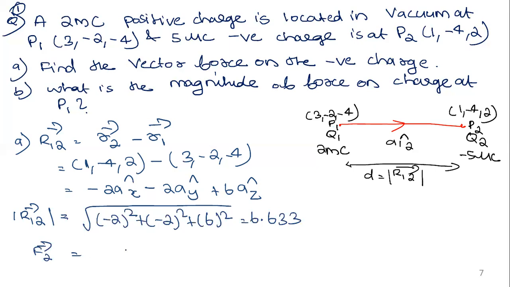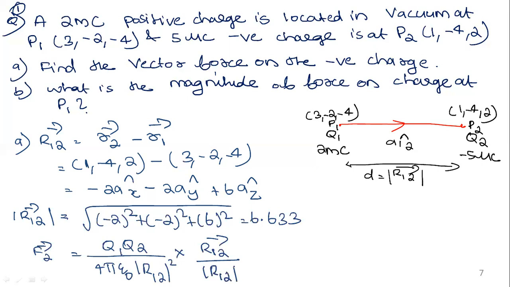F2 is equal to Q1 Q2 divided by 4 pi epsilon 0 into mod of R12 the whole square into the directional vector, vector R12 divided by mod of R12. All these things you have here, so nothing more to substitute. Vector R12 is here, the modulus of R12 is here, and the cube. Everything is given.